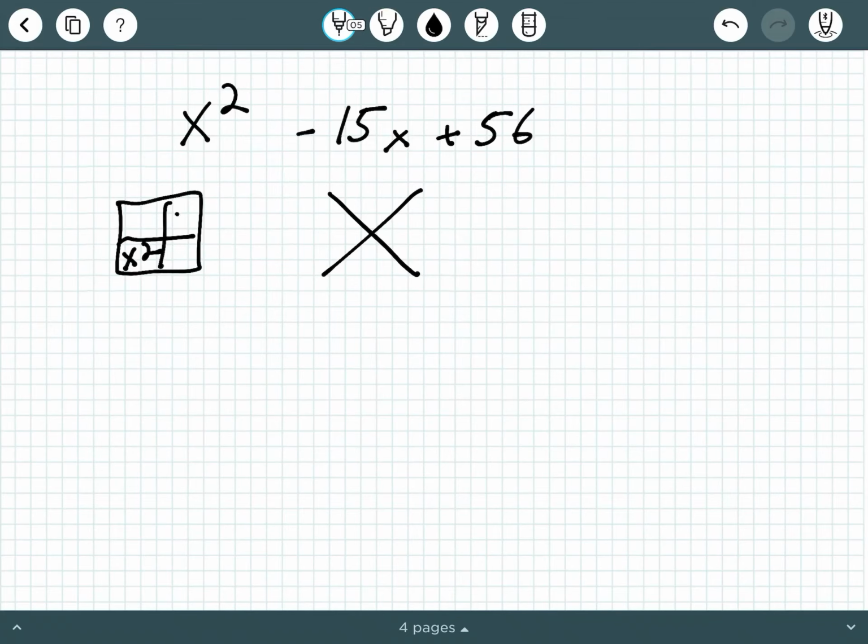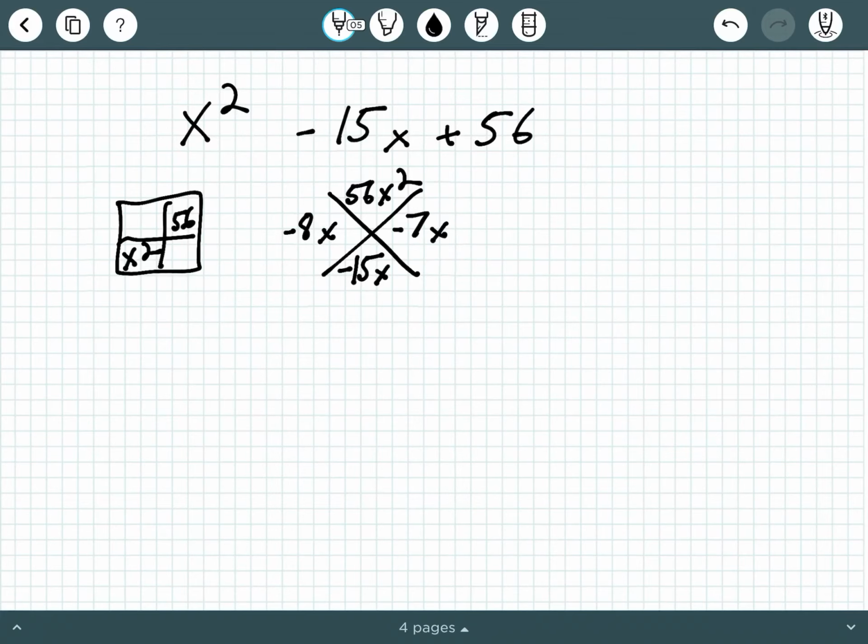So if we put x squared and 56 in our corners, that gives us 56x squared, and then negative 15x goes in the bottom. So to multiply to positive 56 and add to negative 15, I think we're going to be working with negative 8 and negative 7, and then we'll need our x's to make that work out.